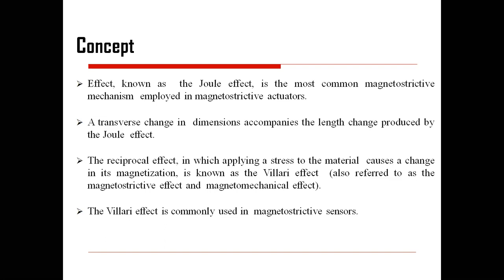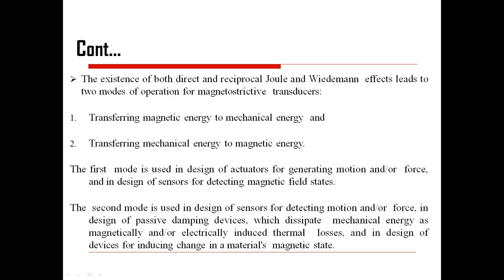So this is also referred to as the magnetostrictive effect and the magnetomechanical effect. Your Joule's effect is the magnetostrictive effect and your Villari's effect is the magnetomechanical effect. Villari's effects are commonly used in magnetostrictive sensors or transducers.